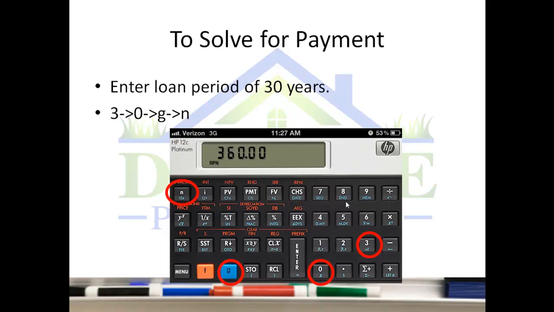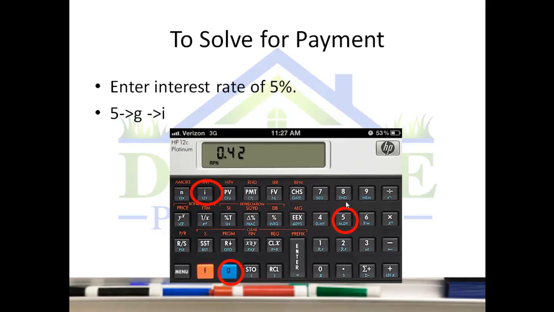Notice the G is blue. If you want to activate that math calculation, you have to press the G, and because we're calculating monthly payment, we have to calculate the total number of payments in a 30-year loan. So you press 30G, which tells N to multiply it, and that enters and stores 360 in the N key.